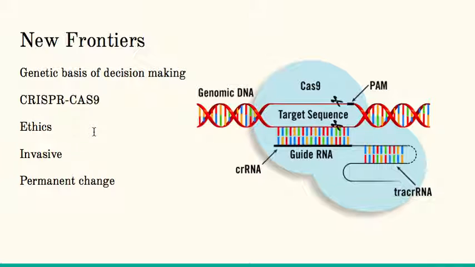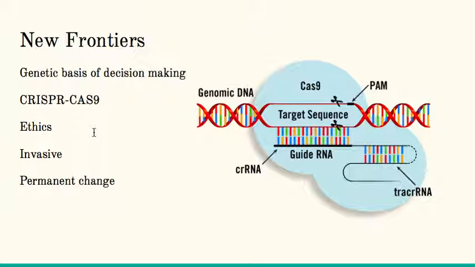And so that gets into the new frontier of possible gene editing or genetic engineering with CRISPR-Cas9, which is a really interesting genetic tool that can basically swap in and out DNA anywhere in the whole of the DNA with pinpoint accuracy.